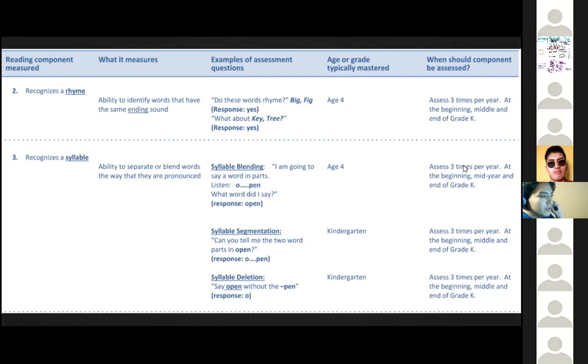And our students have to respond yes. In the fourth column, we put the age of our students according to their level. And finally, we have when the component should be assessed. In this case, the components should be assessed at the beginning, the middle, and the end of the grade. So next, please.